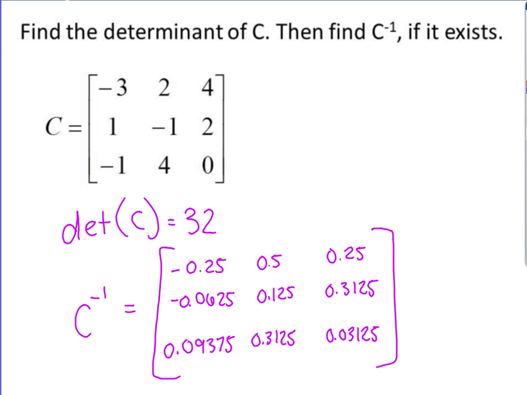So because our determinant was not 0, we knew we could find the inverse, and we found the inverse on our calculator.